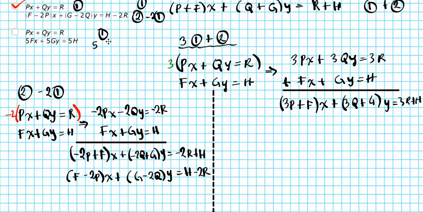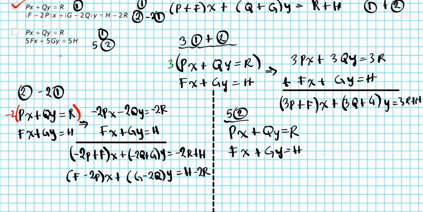And now guess what the second equation kind of sort of looks like: 5 times equation 2. If this is the case, then this is an equivalent system. Okay, so we have the original system, px plus qy equals r. That's the first equation, and then fx plus gy equals h.